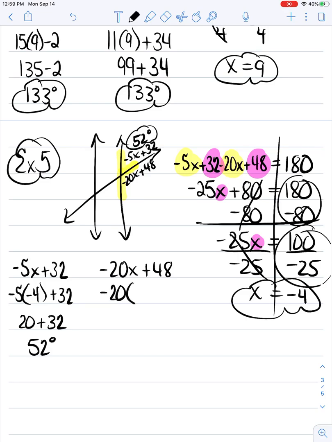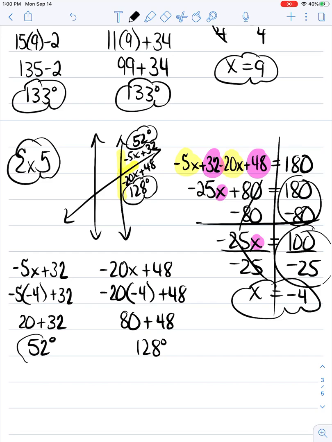Negative 20 times negative 4 plus 48. Negative 20 times negative 4 is positive 80. And then positive 80 plus 48 is 128 degrees. So those two angle measures are 52 degrees and 128 degrees.